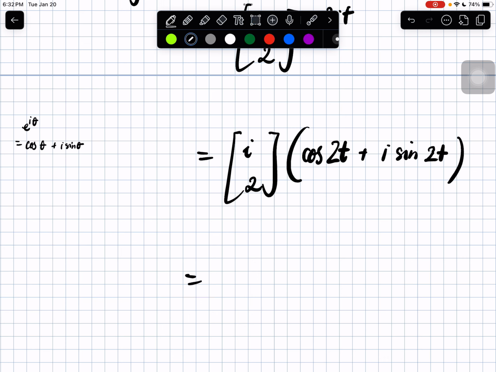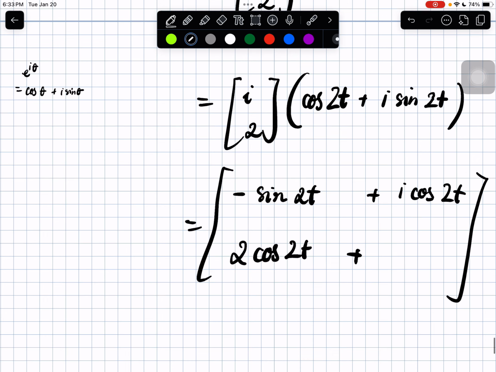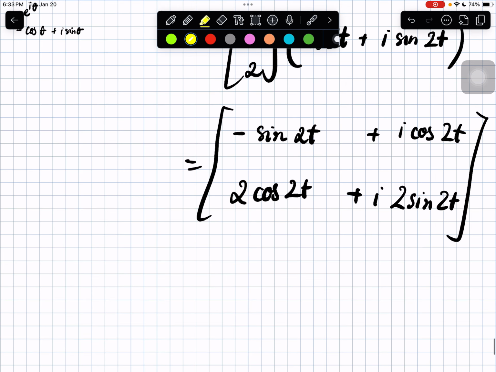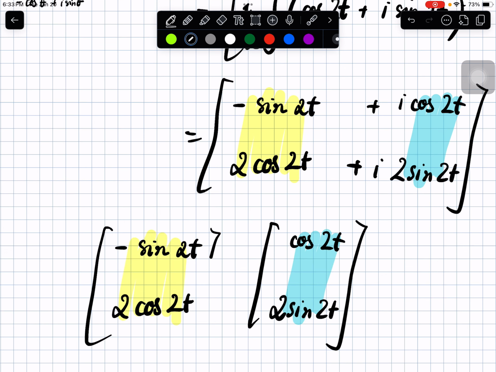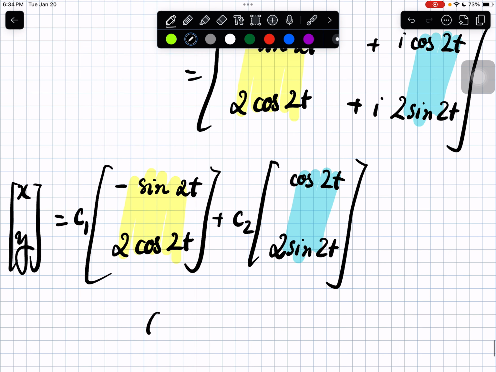Multiplying out gives minus sine 2t plus i cosine 2t, and 2 cosine 2t plus 2i sine 2t. The real part gives us one function, the imaginary part gives us the other one. A combination of the two gives us the general solution: (x(t), y(t)) equals c1 times this plus c2 times this, where c1, c2 are real.